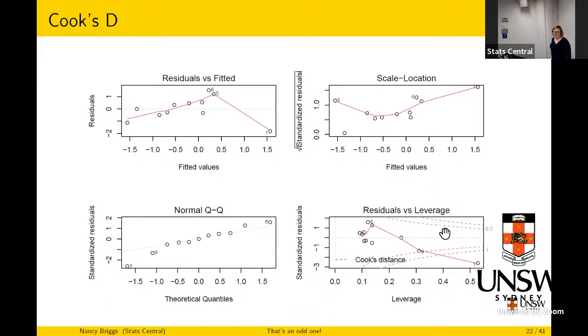But for leverage and Cook's distance, it's in this plot down here. You can see leverage on the x-axis and standardized residuals on the y-axis. The dotted lines are threshold values for Cook's distance. If we have a point beyond those, we need to ask what is going on with this data point.